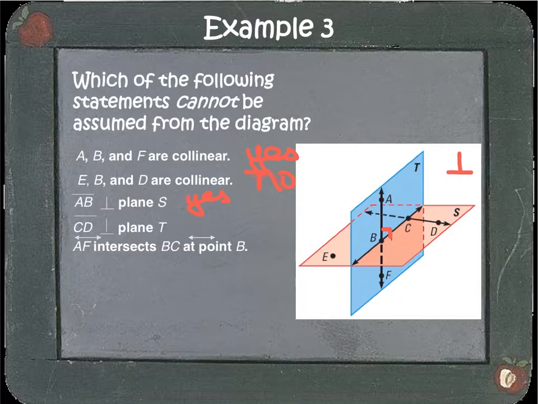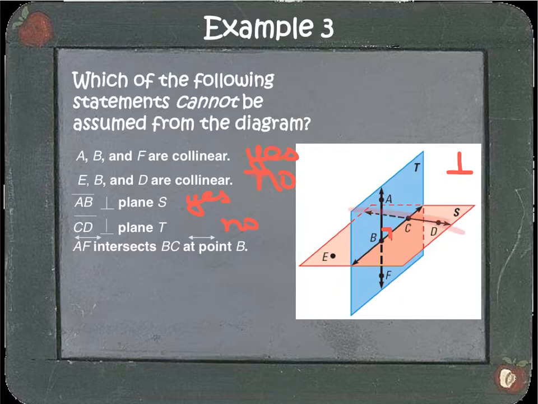What about CD being perpendicular to plane T? Do we know that for sure, Valentina? We cannot assume that. There's no right angle there. So here's where it's touching. This CD is here, but there was no right angle mark.